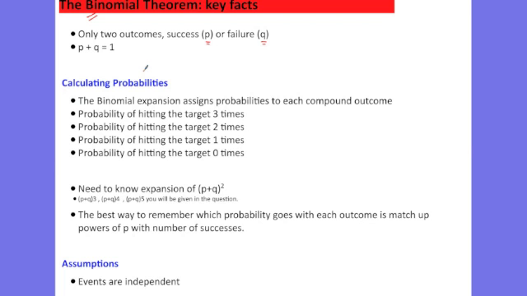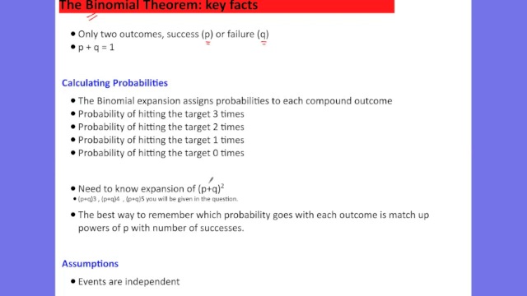And the binomial expansion assigns probabilities to each compound outcome. So by using the binomial expansion, it will tell us the probability of hitting something 3 times, 2 times, 1 times, 0 times, depending on how many are in the expansion, what the power of the expansion is.